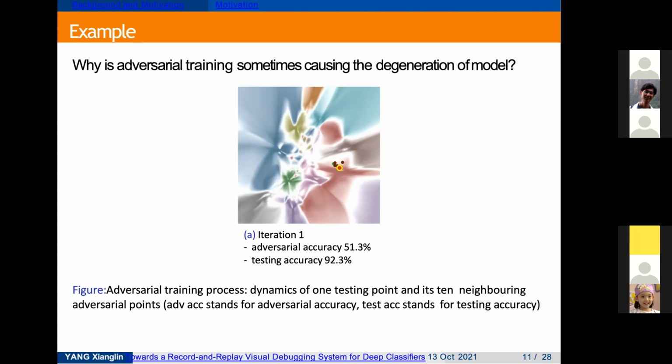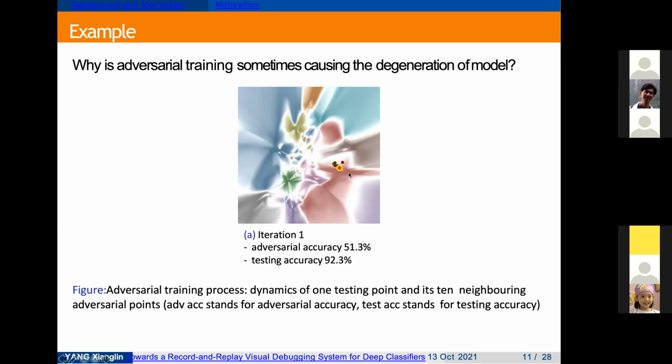And then there's a trade-off being made when adversarial sample robustness increases and testing accuracy decreases. And here, for simplicity, we only show one testing sample with its 10 nearest adversarial samples in case you are overwhelmed by other training samples.